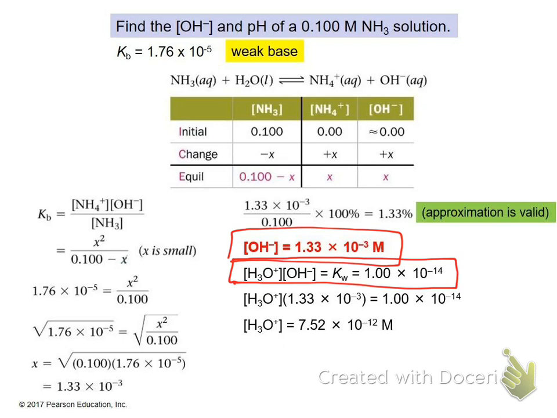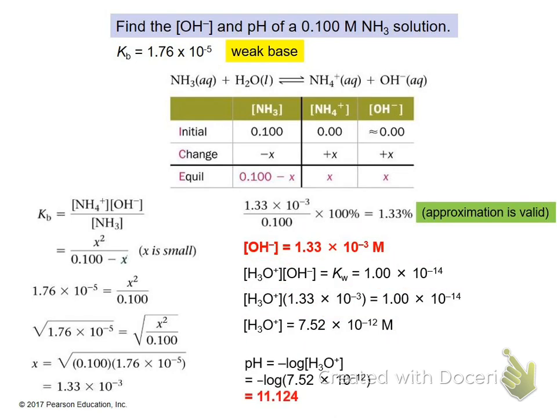So if you plug in the value of OH minus into this equation, you can isolate the concentration of hydronium ion and determine its concentration. Right, so you divide both sides by 1.33 times 10 to the negative 3, and you get the concentration of the hydronium ion, and then solve the pH using this concentration. And we get the same number, which is 11.12 for the pH.